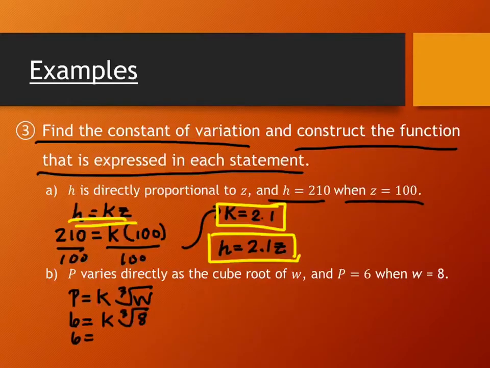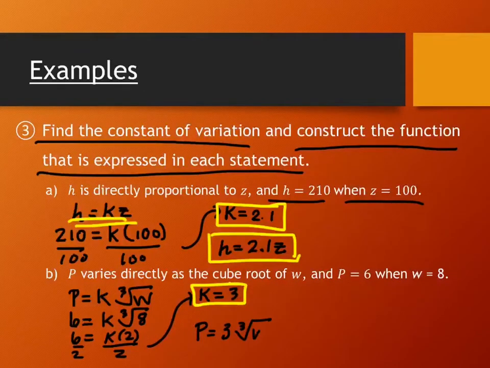Well, the cube root of 8 is just 2. So my constant of proportionality, I'll divide by 2. My constant of variation, I don't know why I keep saying that wrong. Constant of variation is k equals 3. So one of the answers to the question is k equals 3. The other answer is to plug that k equals 3 back into the function that I created. So p equals 3 cube root of w.